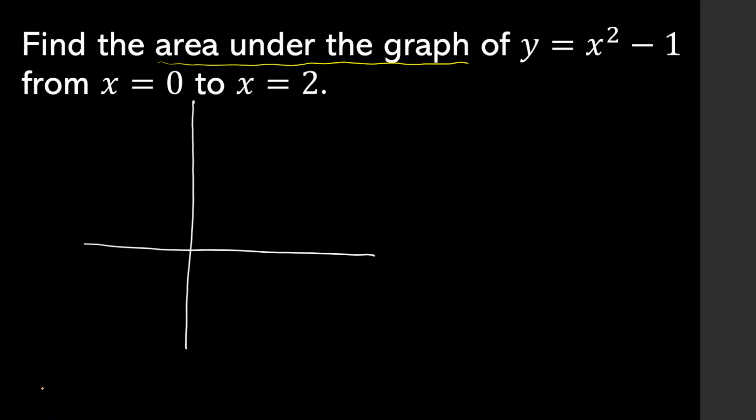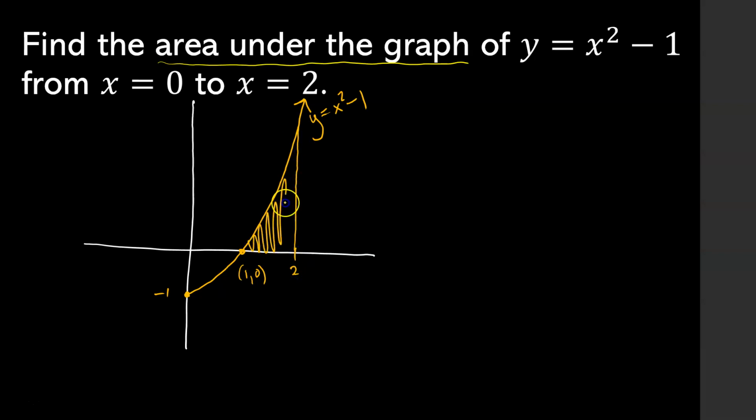And what does x squared minus 1 look like? And that's the point 1, 0. And this is y equals x squared minus 1. Okay, so we want the area under x squared minus 1 in between 0 and 2. So 2 is going to be right here.